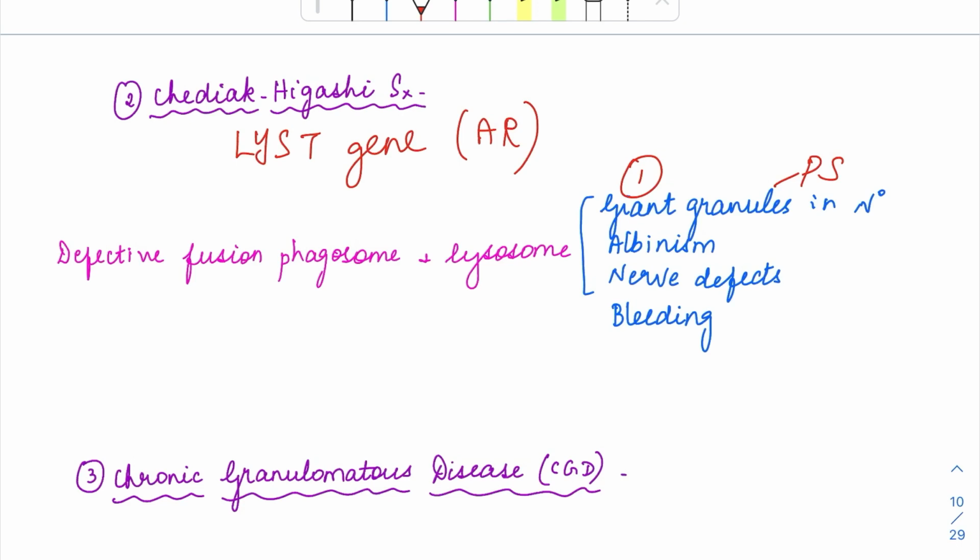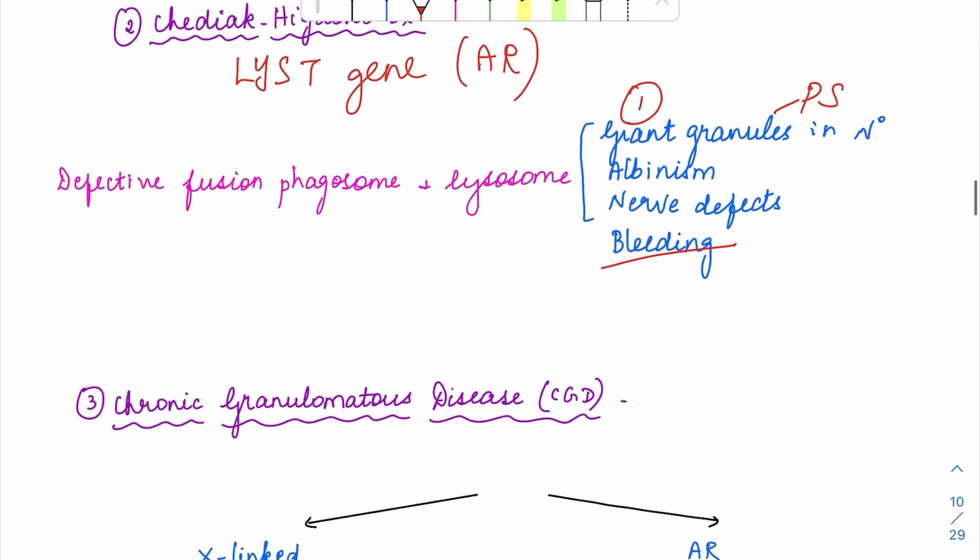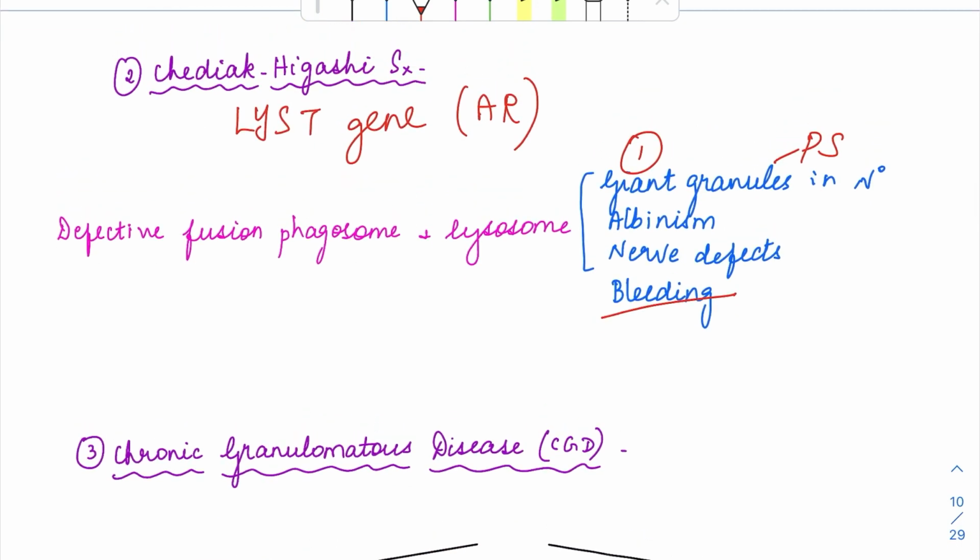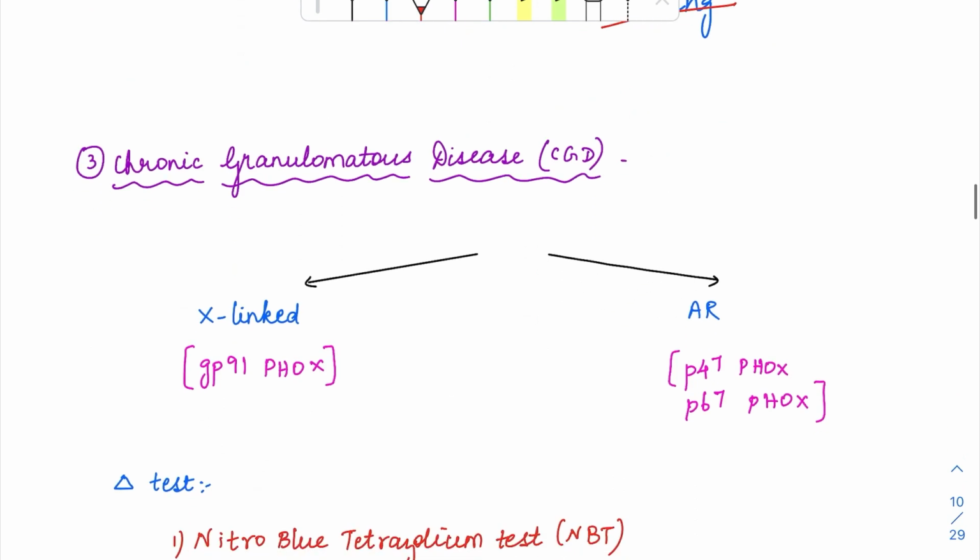Thirdly, there will be a defect in the transmission of neurotransmitters, so there will be some nerve conduction defects. Then bleeding. The platelet granules will also not be trafficked properly, so there are going to be bleeding disorders. So all kinds of granule defects will be seen in Chediak-Higashi syndrome.